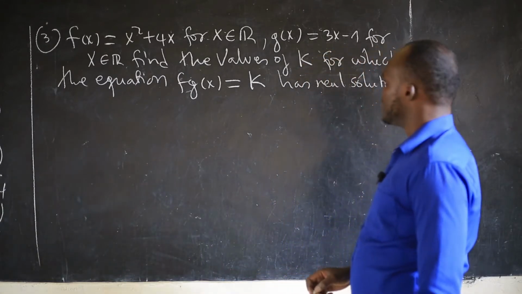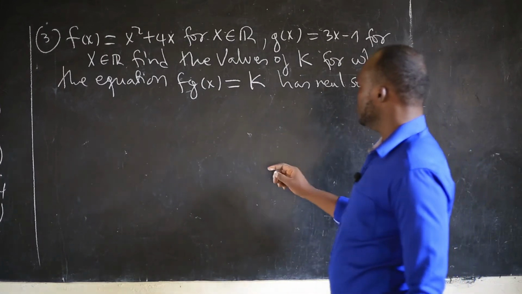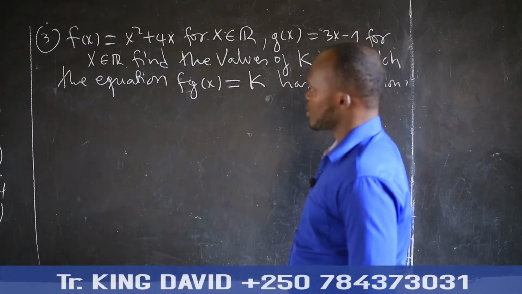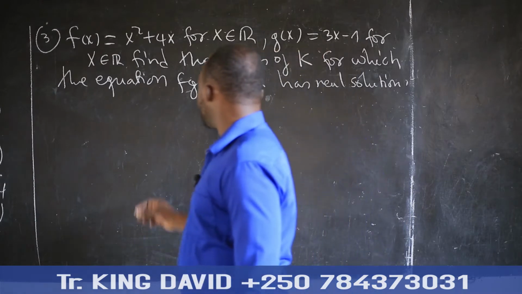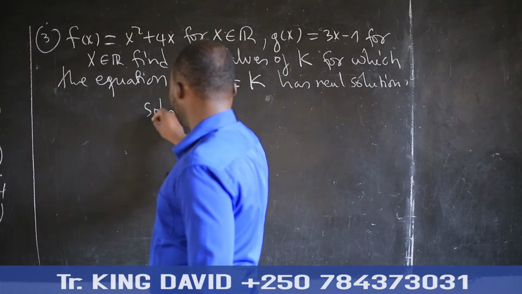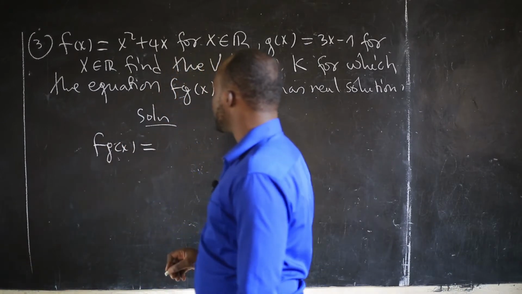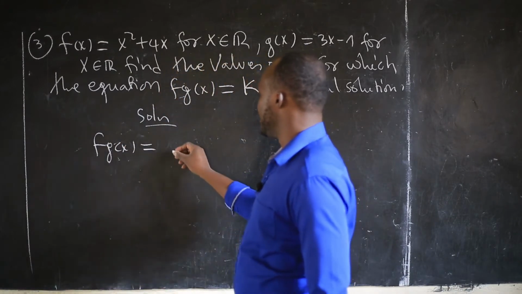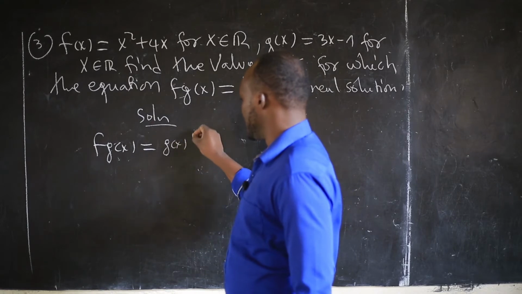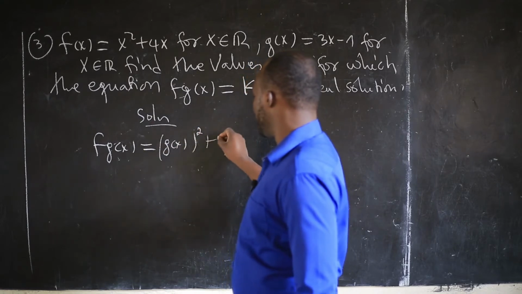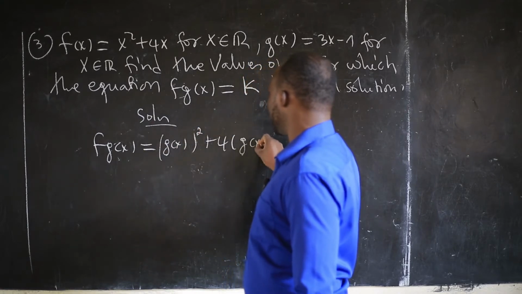How does f of g of x equal to k have real solutions? So we're going to first find f of g of x, and f of g of x will go in f of x where there is x, put there g of x, then squared, plus 4 into bracket g of x.